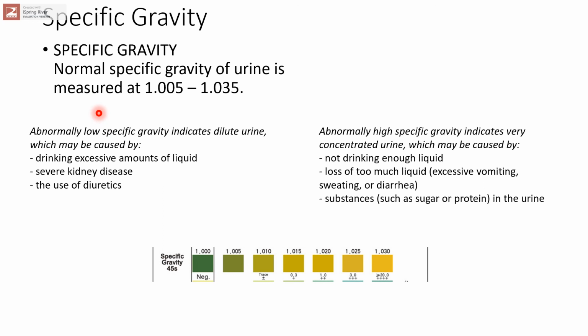So one thing that is really important to look at, especially in older patients in nursing homes or people with acute kidney diseases, is specific gravity. Now, specific gravity of a normal urine is between 1.005 to 1.035.